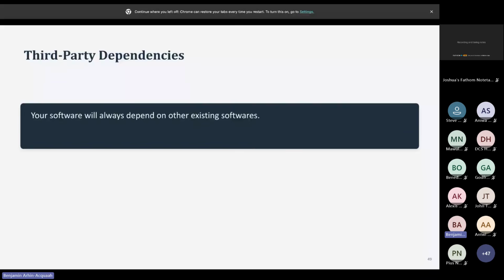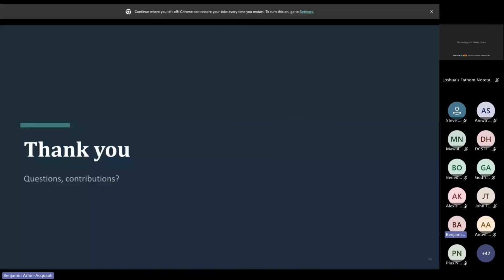It's up to you to look through what you have at your disposal and decide which of these dependencies make sense for your product or what you are trying to build. Then you go ahead and integrate that. Okay, so I believe this is the last slide.